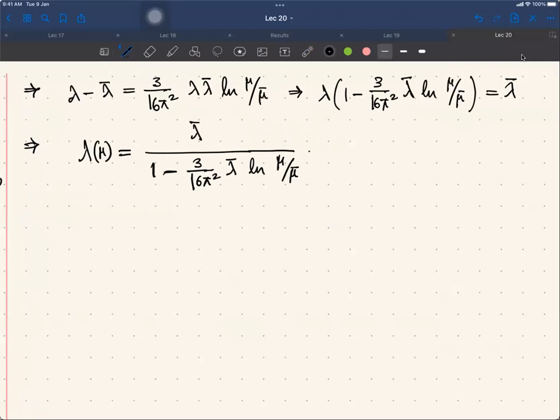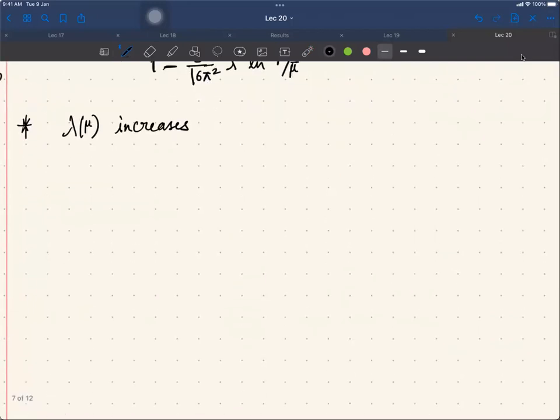So lambda mu increases with mu, and therefore the perturbation theory is more accurate at lower energy or larger distance, because at higher energies lambda becomes stronger.